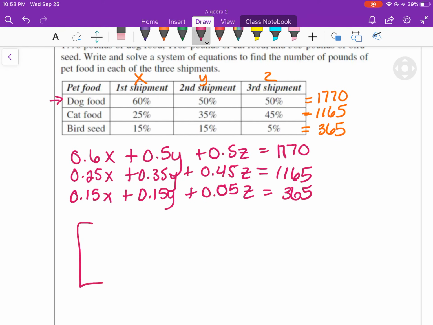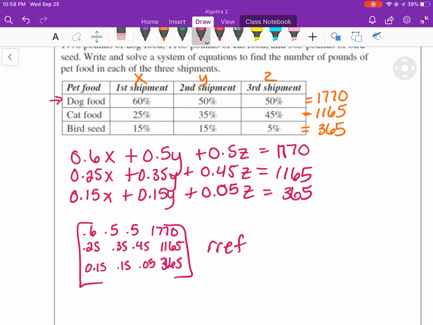So changing that into a matrix, augmented matrix is the word I'm looking for, looks like this. So just be careful with your decimals, that you copy them down right, especially the 0.05 for 5%.